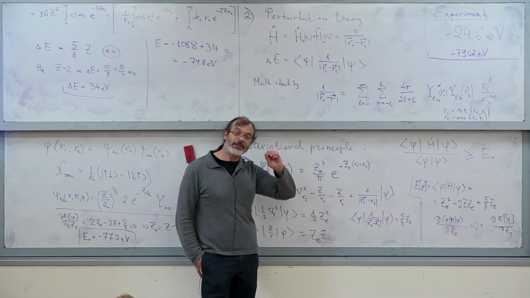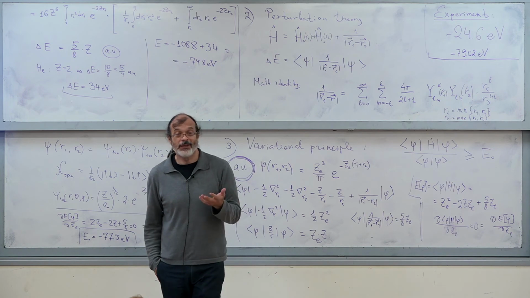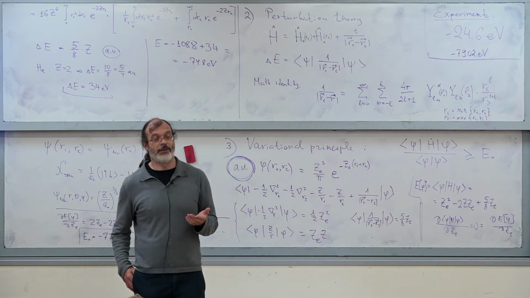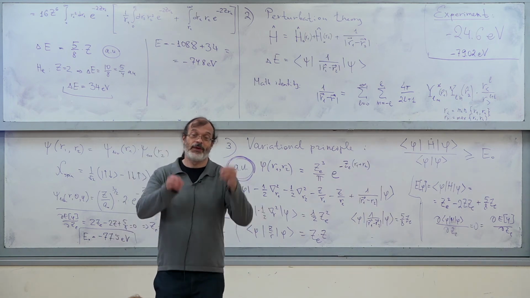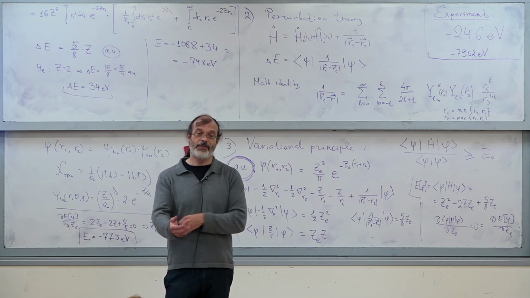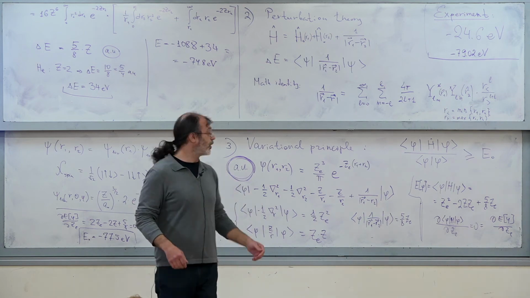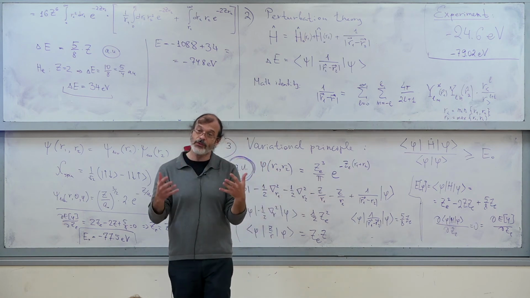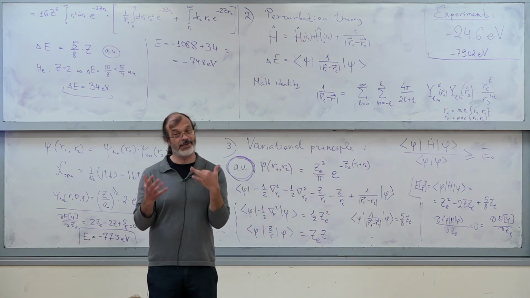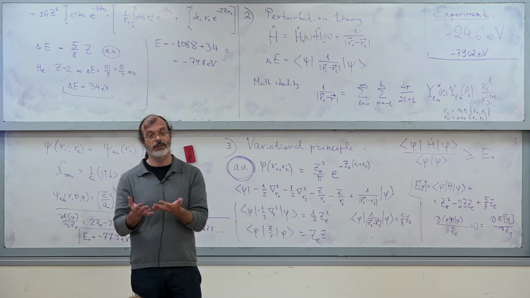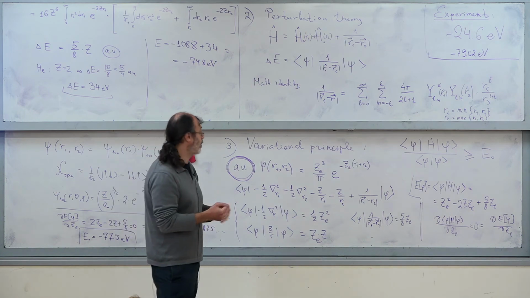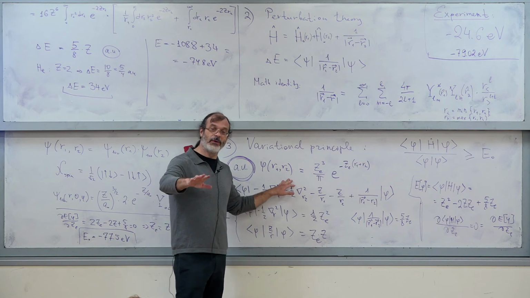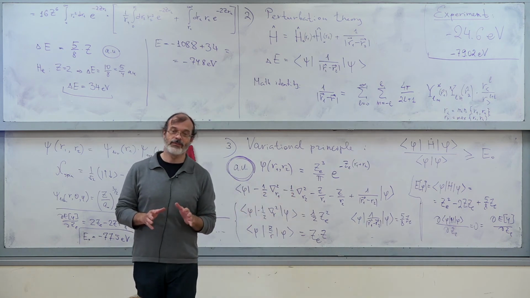So here we vary on a single parameter, but it doesn't mean it should be a single parameter. Bring here 2 parameters and start to vary 2 parameters. You will guess a better wave function, right? So you can guess a different wave function, and this guessing work can bring you closer to the result. So this I leave to you if you are interested to read tons of papers about that.